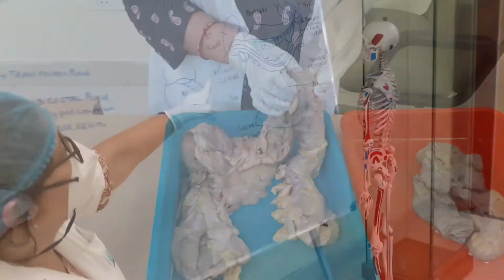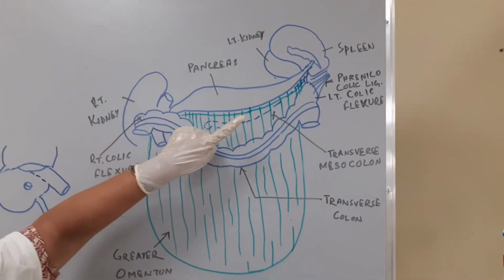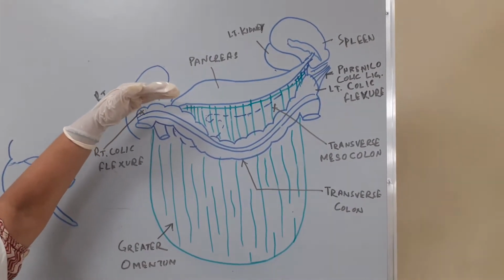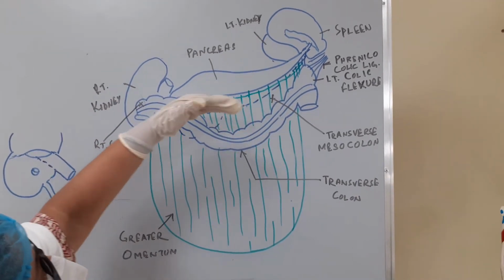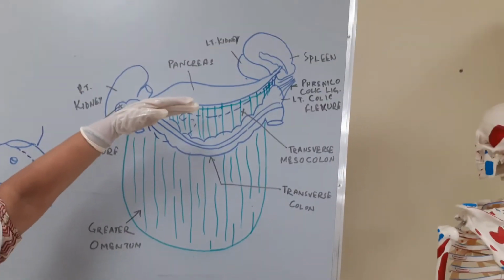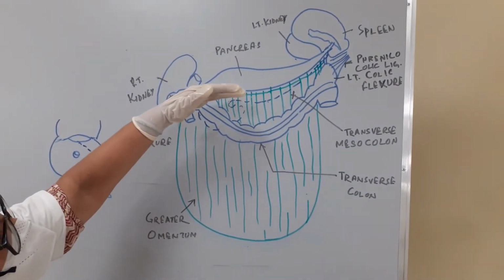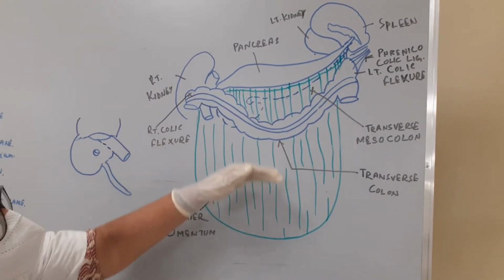This is the transverse mesocolon, which lies posteriorly on the head and body of the pancreas, and its superior layer is continuous with the third and fourth layer of the greater omentum.